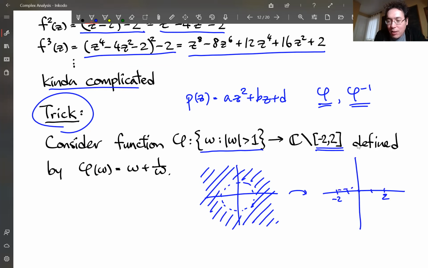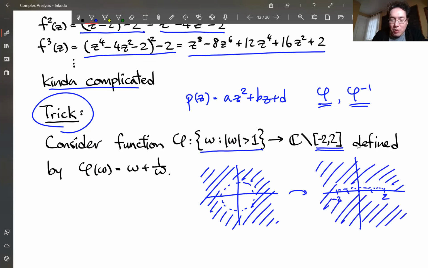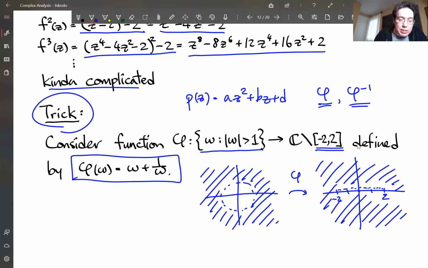So along here, we're not going to map to it, but everything else will get filled in. Okay, so I'm claiming that this function phi does this. And our function looks like w plus 1 over w. And this w here is a complex number, of course.